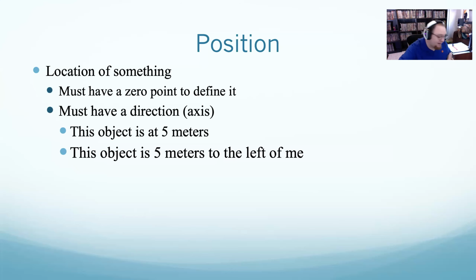So when you're defining the position of any object, you must have a 0 point, aka where you are measuring from. You also have to have a direction. If I tell you how to get from Oneonta to Delhi, you go 20 miles, it might get you there, but you might instead go straight south. I didn't necessarily say what direction.